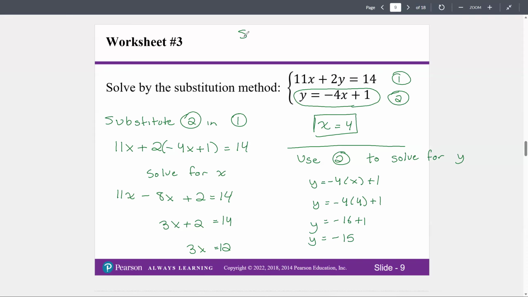So my solution to the system is going to be x is 4 and y is negative 15.